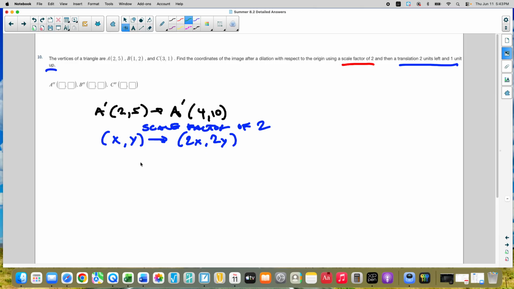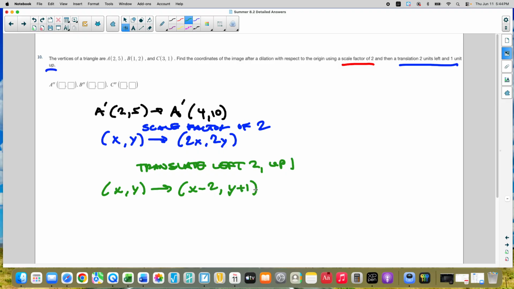And then if we want to translate left 2 and up 1, well, for every point, you're going to go left 2, so that's x minus 2. Left is negative, and up 1 would be y plus 1. So we multiply it by 2.